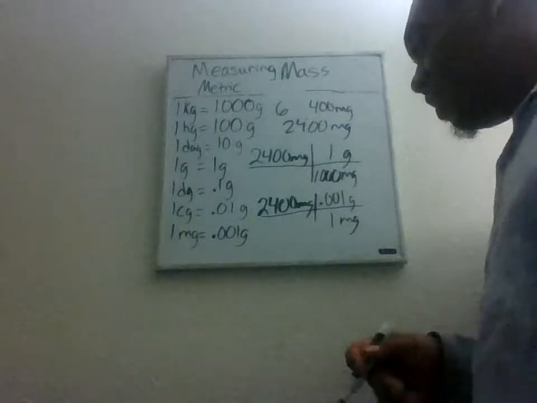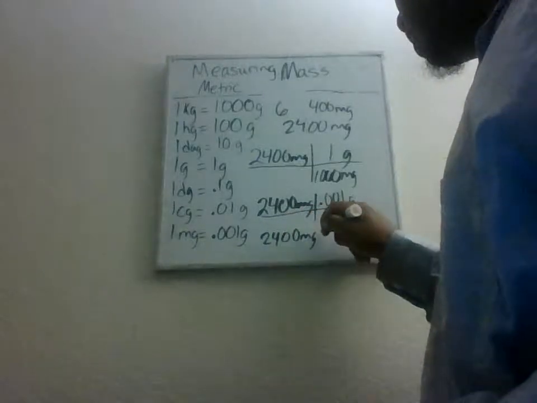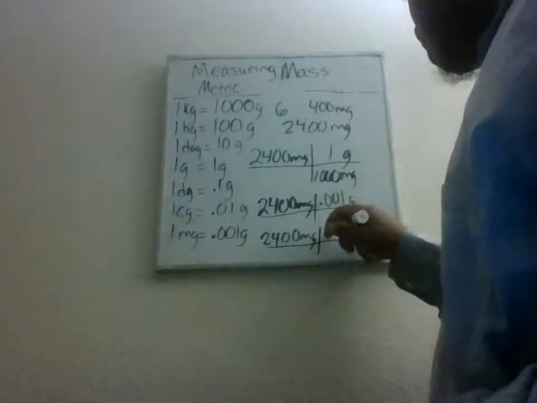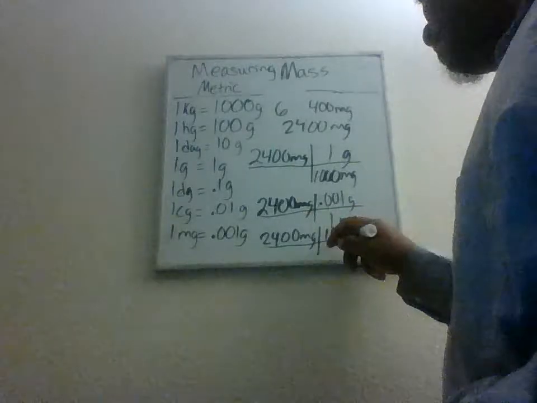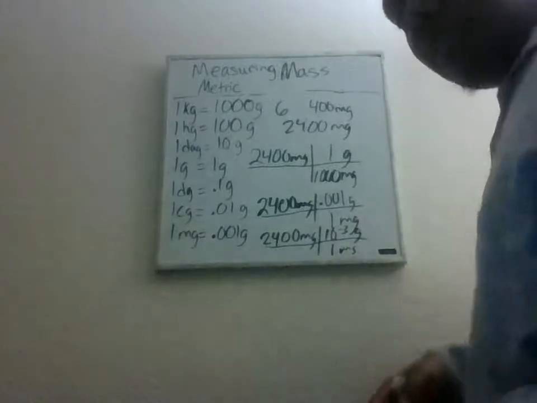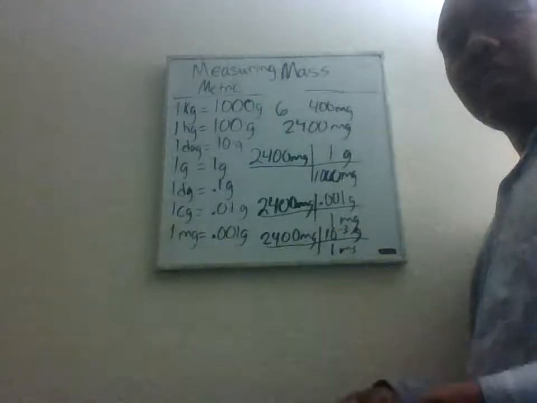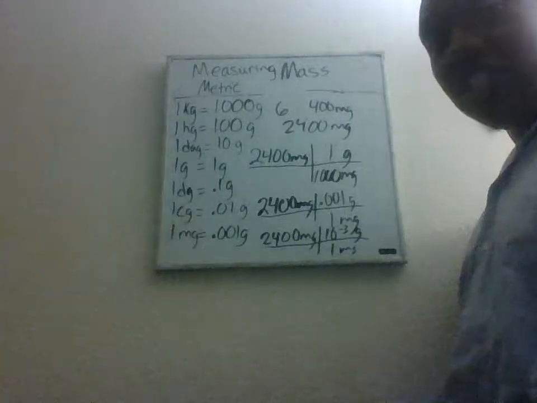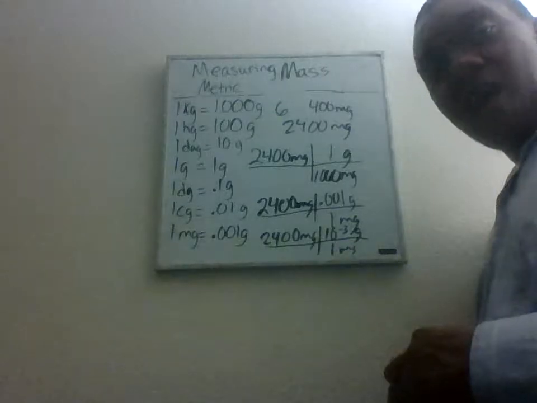If you said, hey, can't we just do 10 to the negative third? Give yourself a pat on the back. If you put 10 to the third at the bottom and have one on top, give yourself a pat on the back. You've just shown that you've got this moving between the metric system and converting down.